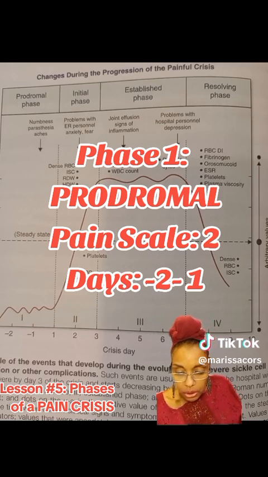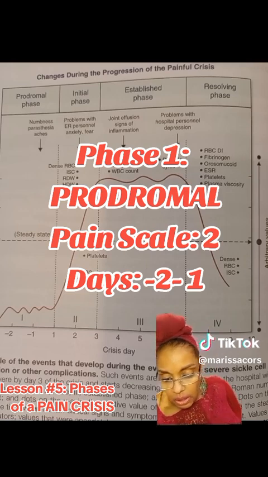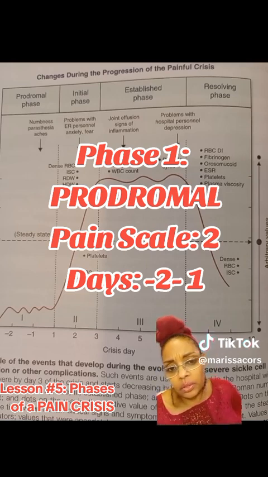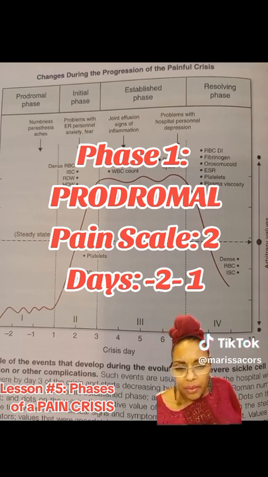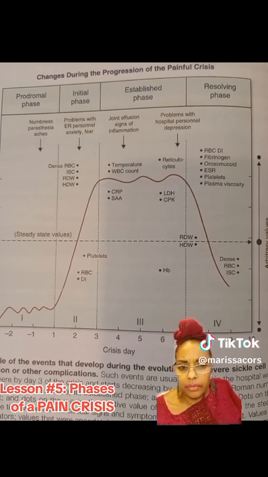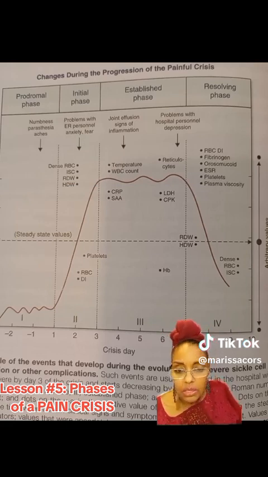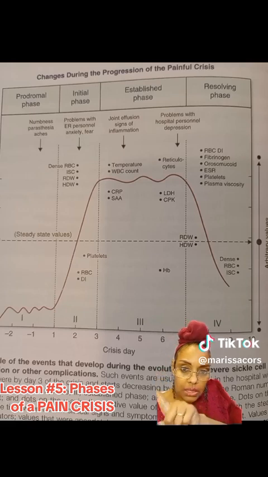Okay, so first we have the prodromal phase. In the prodromal phase, you feel numbness and aches, pains, things of that nature. The prodromal phase actually begins on the chart prior to day 1, as you can see.